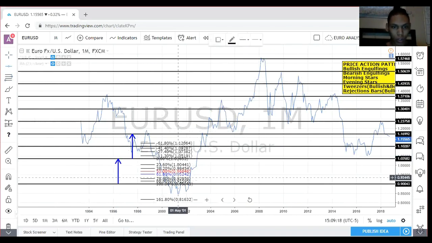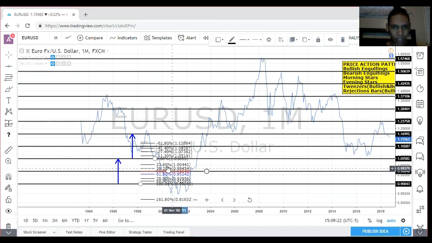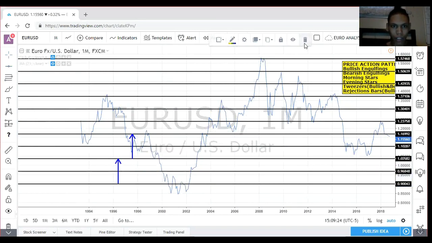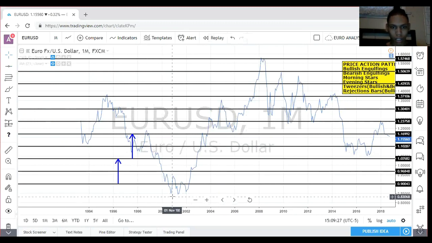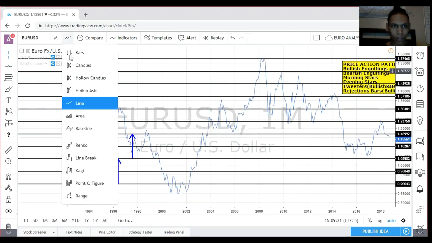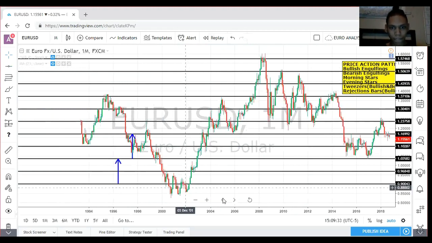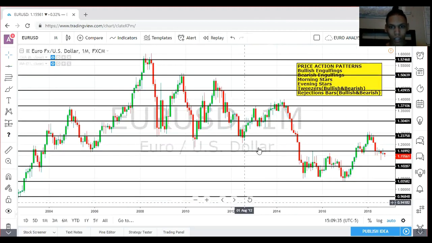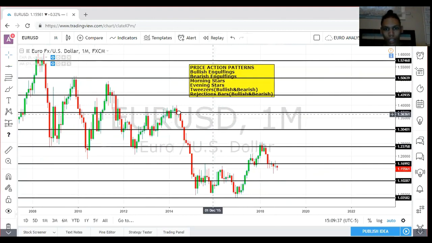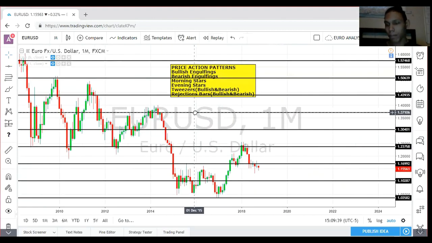I'm kind of slow doing it because I want to be accurate. Accuracy is everything in trading. You see price fail to break it. Okay. This is how I mark up my charts.